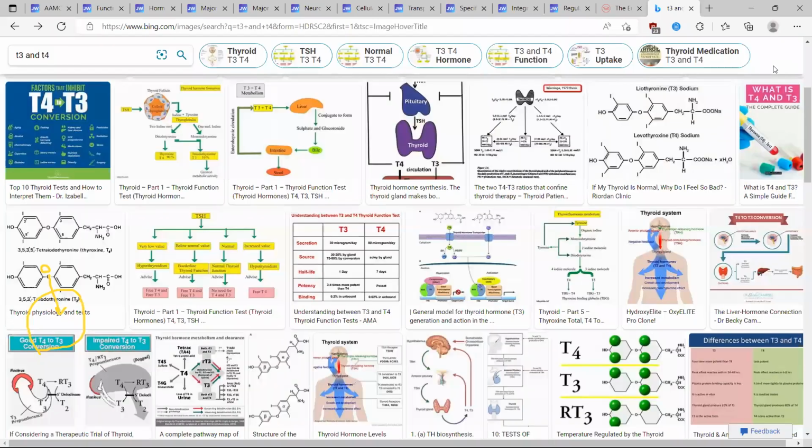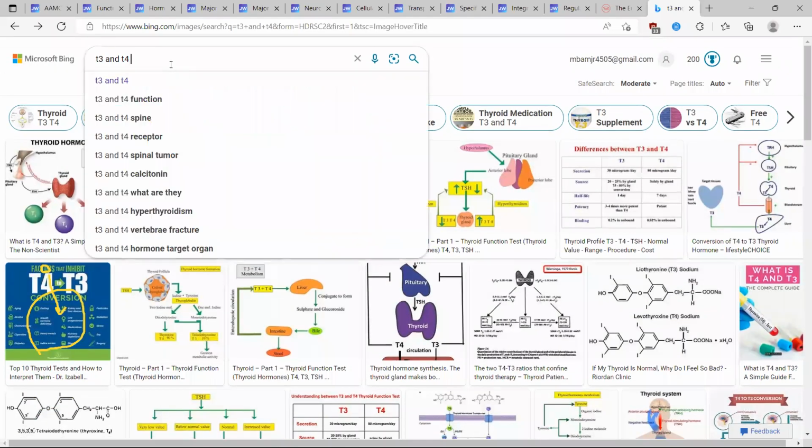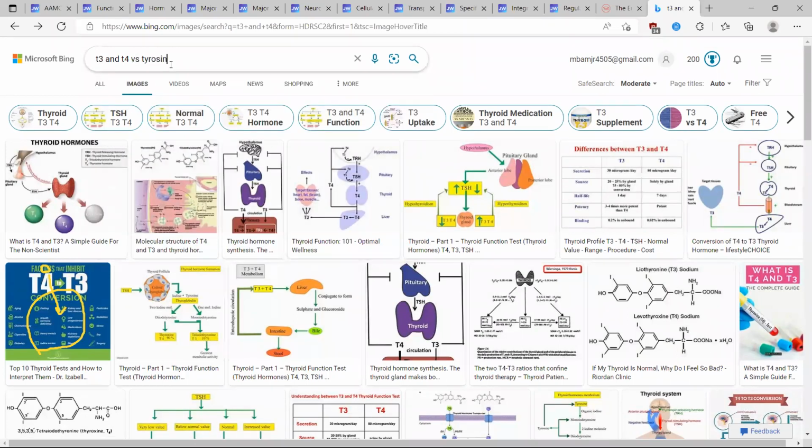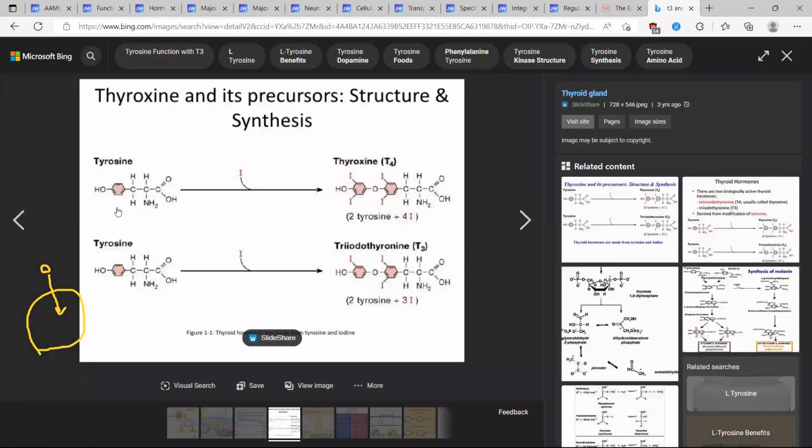I want to see a comparison of tyrosine to T3 and T4. Okay, here's a good picture. Here we start with tyrosine, and then it's actually two tyrosines.